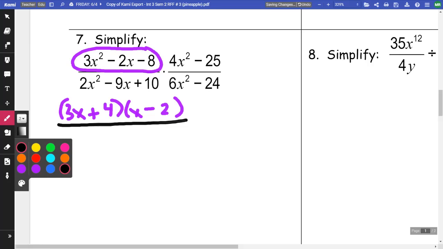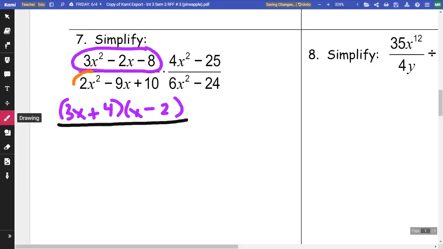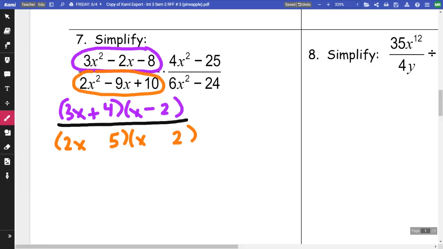Over, and let's take a look at this bottom one here, okay? So I'm going to have a 2x and an x because of the 2x squared. And then the 10 is going to be a 10 and a 1 or a 5 and a 2. I'm thinking 5 here, 2 here.